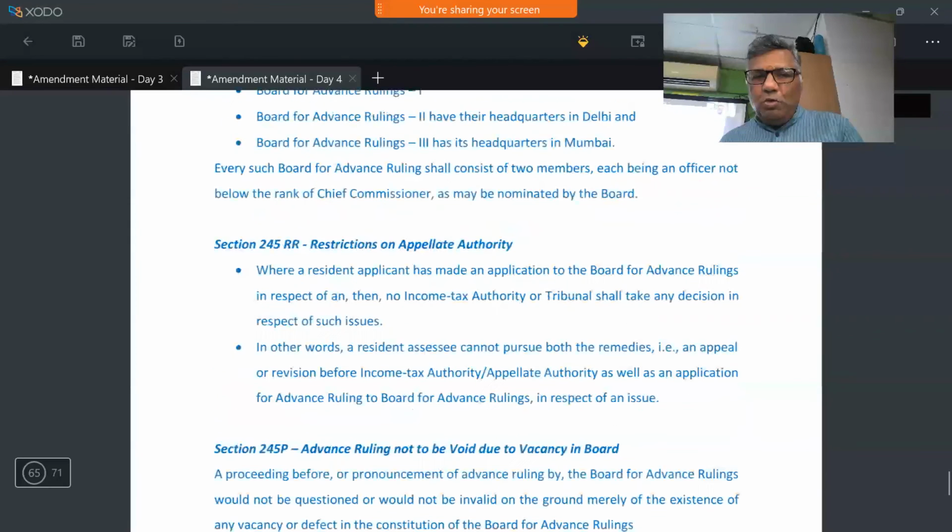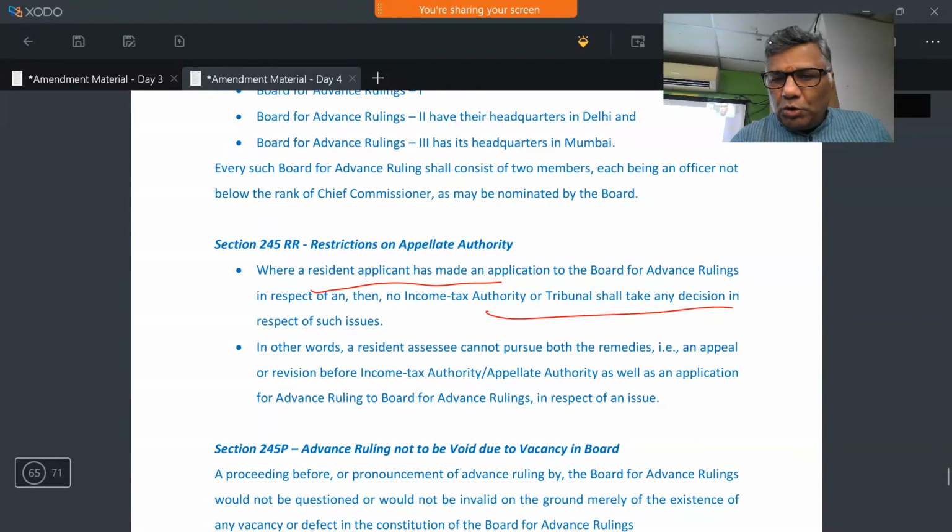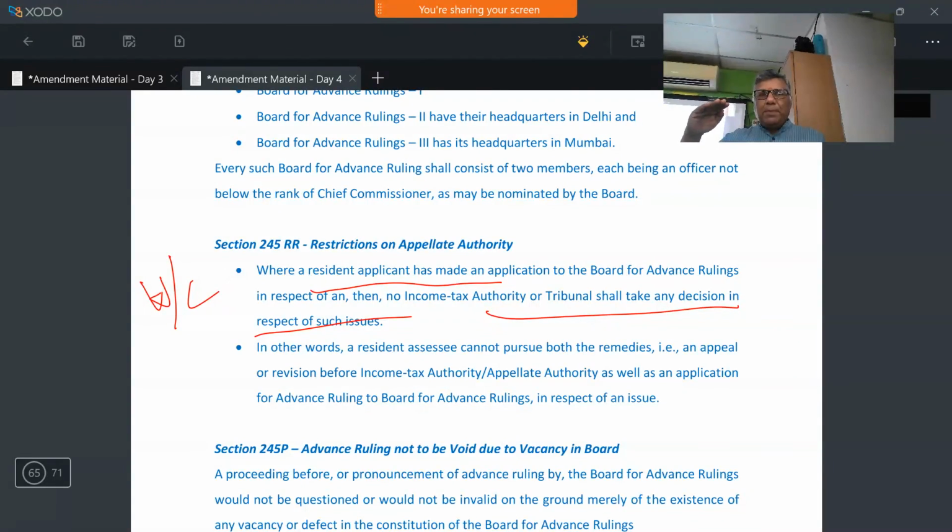Now coming back, where a resident has made an application, that goes out of the tribunal's purview. Only the High Court is possible beyond this. Because an appeal should go to a higher authority, and advance ruling and tribunal are equal authorities, you cannot go there.